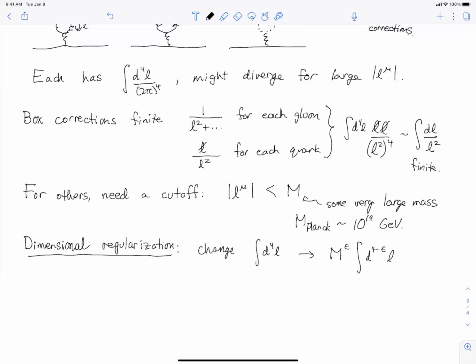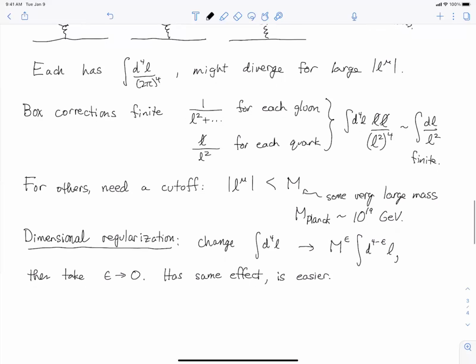So it's hard to even imagine. We certainly don't live in a fractional number of dimensions, but nevertheless, that's what you do. And then you take epsilon goes to 0 at the end of the calculation. And this has the same effect as if you put in a cutoff, it turns out, but it's much easier as far as algebra. Despite the fact that it's relatively much easier, it's still pretty hard. And so we're not going to have time to cover that in this course.